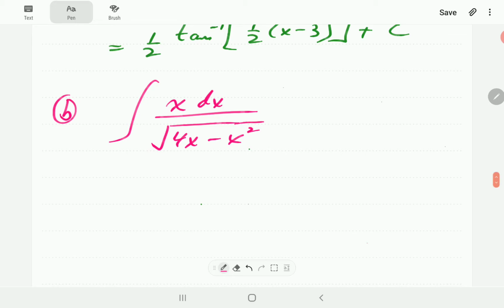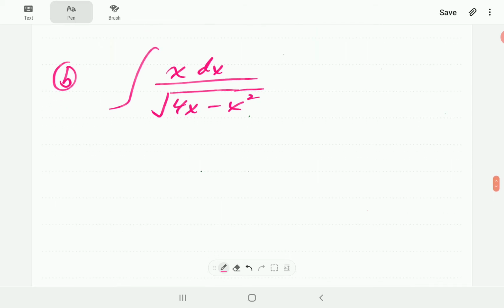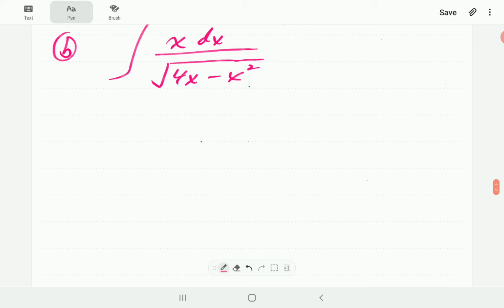This one is not a rational function, so we don't even want to start contemplating in terms of partial fractions. So we just get straight away with completing the square.